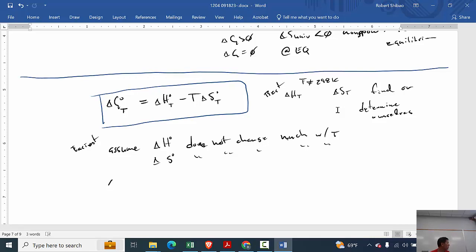Therefore, delta H under standard conditions at temperature T is going to be approximately equal to delta H under standard conditions at 298 Kelvin. And delta S under standard conditions at temperature T will be approximately equal to delta S under standard conditions at 298 Kelvin here.